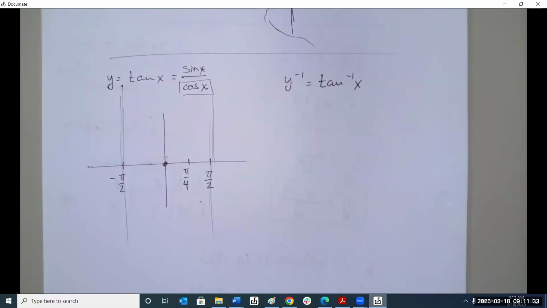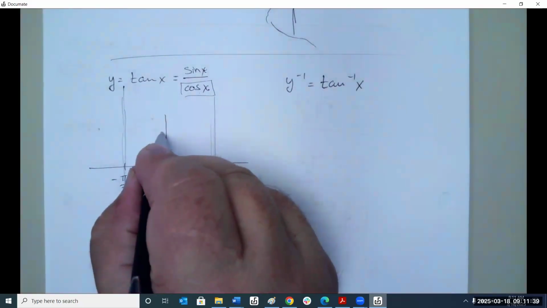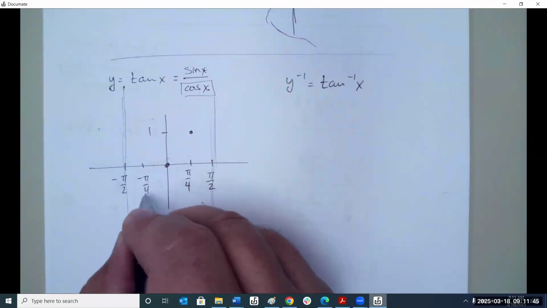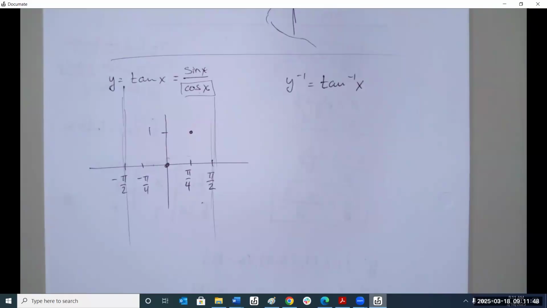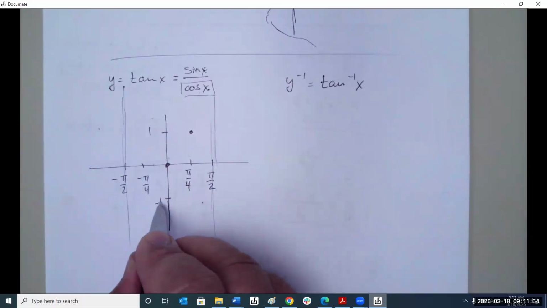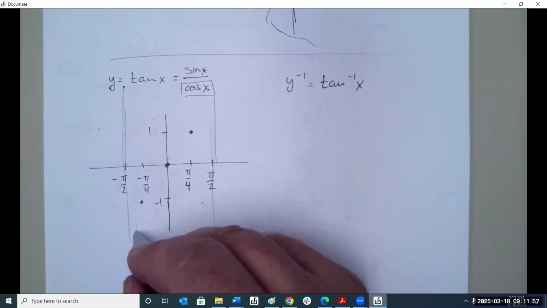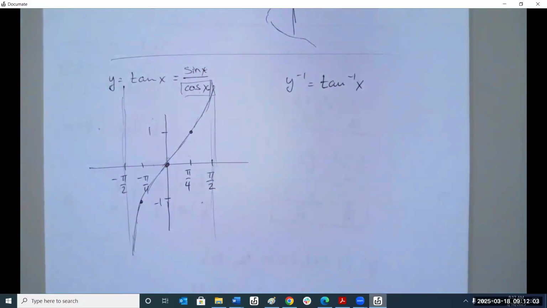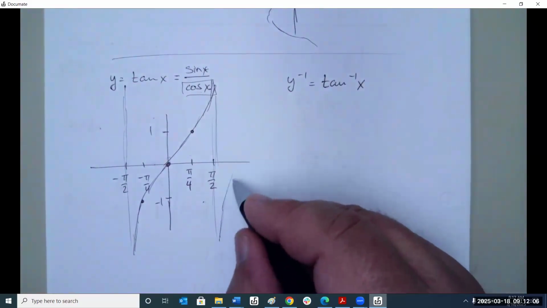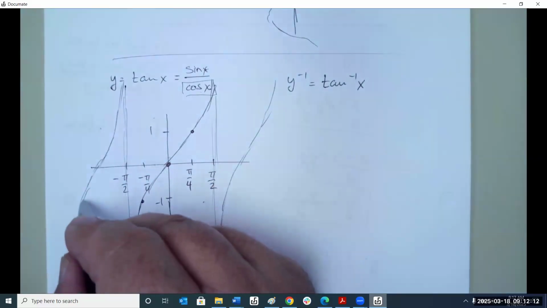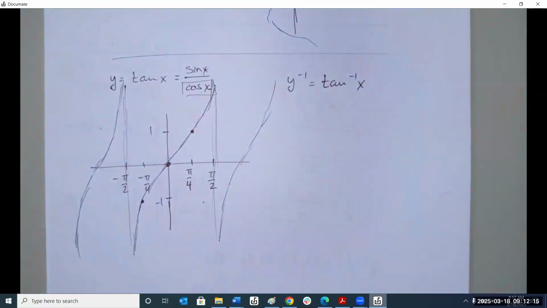Sine pi over 4 over cosine pi over 4 is 1. At negative pi over 4, it's going to be negative 1. So the tangent function is an increasing function. It kind of looks like the cubic function. It looks like this, and it keeps on going forever and ever.